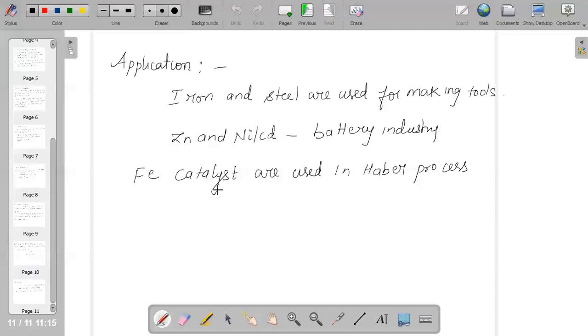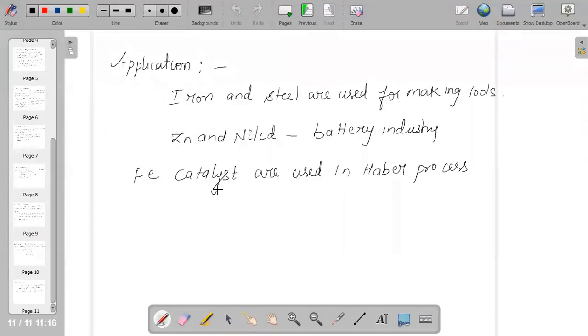And yes, we have the applications of d and f block elements. There are many. Iron and steel are used for making tools, vehicles, utensils, bridges.